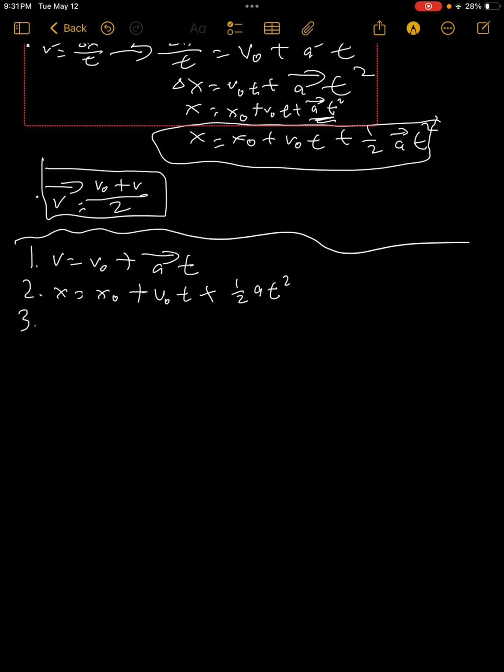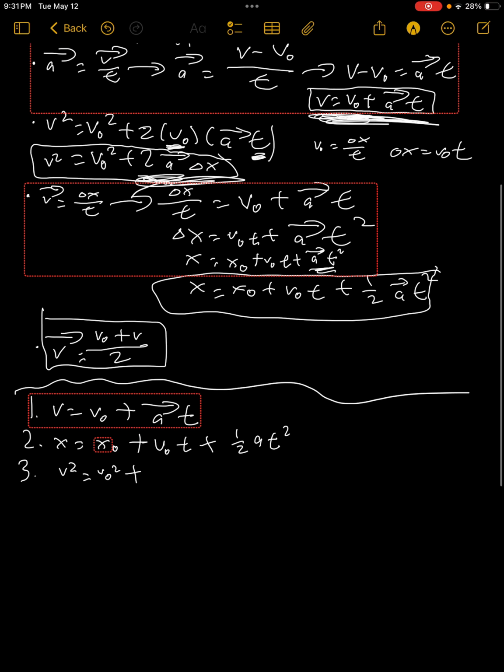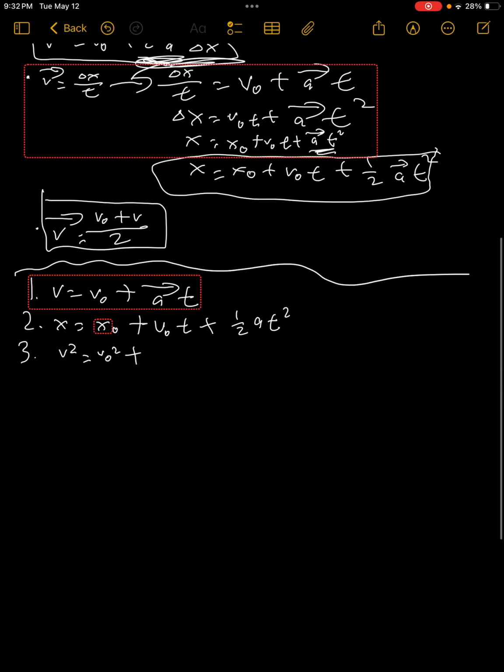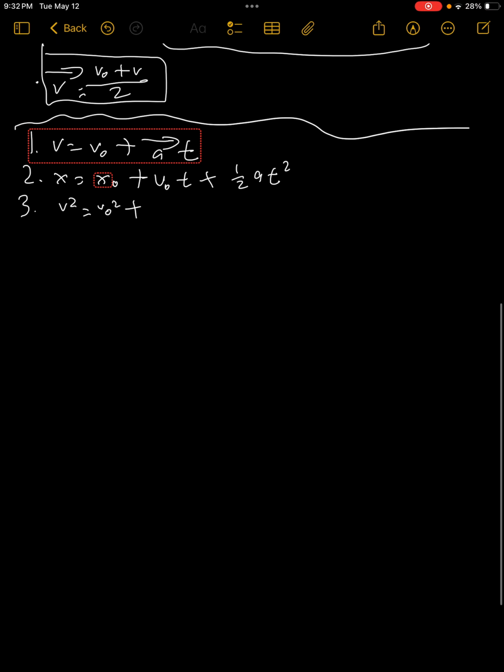Number 3, v squared equals the initial velocity squared plus 2 times acceleration times the displacement of x.